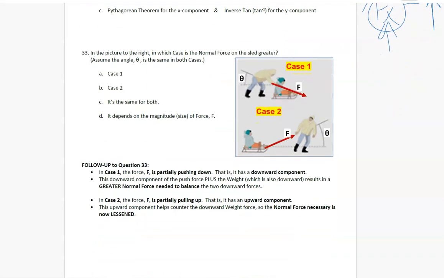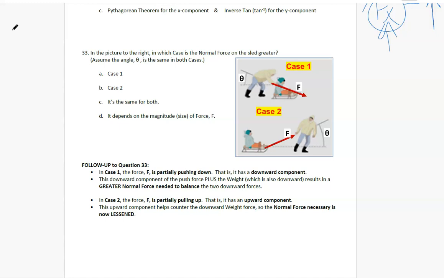And finally, question 33. In the picture to the right, in which case, 1 or 2, is the normal force on the sled greater? All right, well, how would you figure this out? The normal force is the force that's going to be up from the ground as your weight force is pushing down.